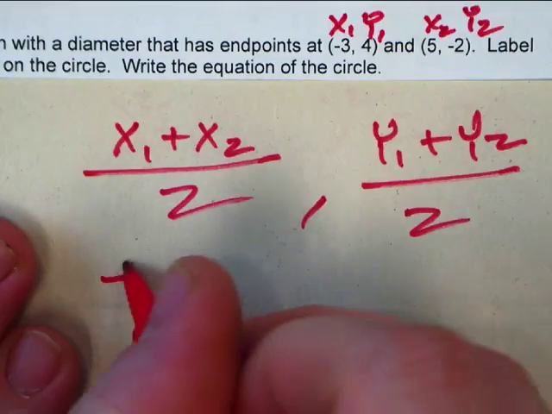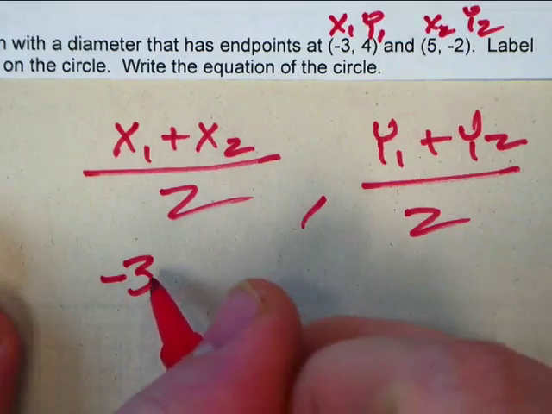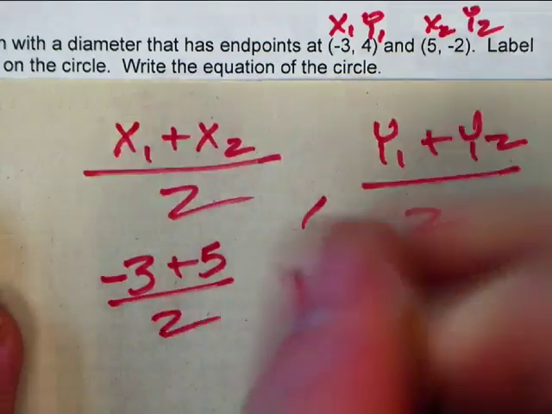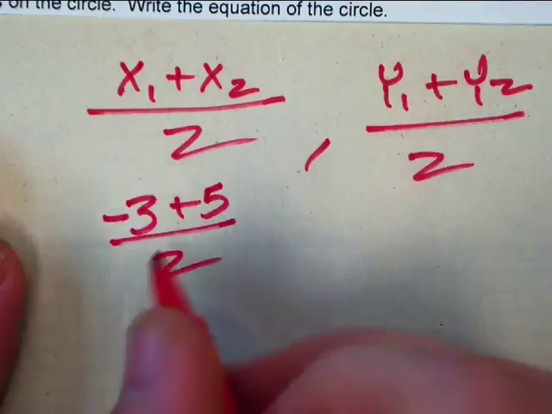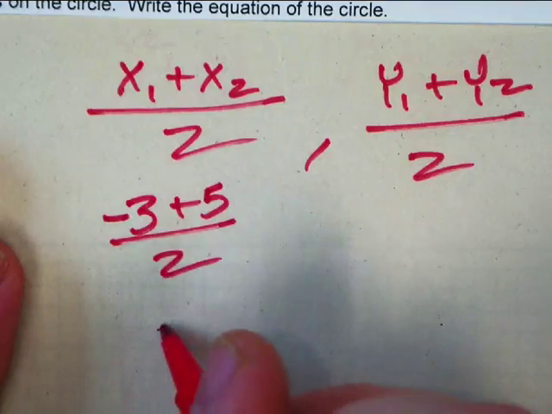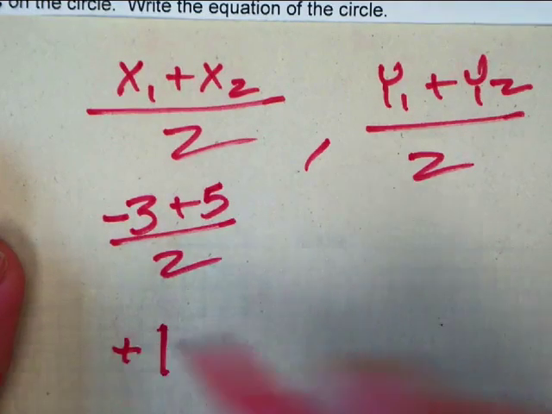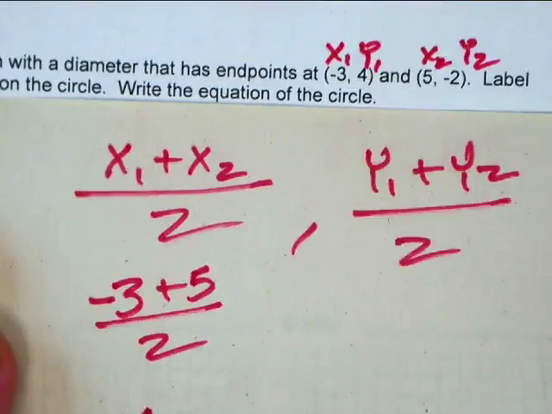x1 is -3, and x2 is 5. -3 plus 5 is 2. 2 divided by 2 is 1. So that's +1. We do the same thing with y.